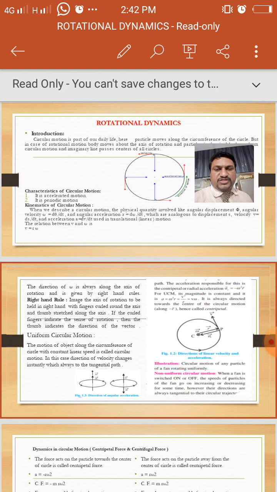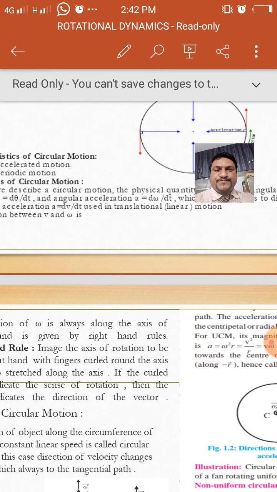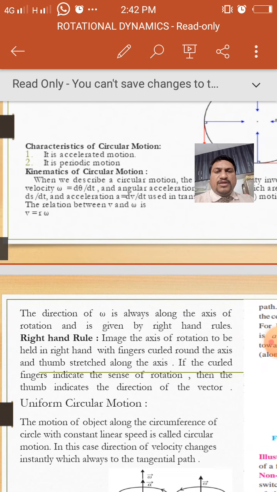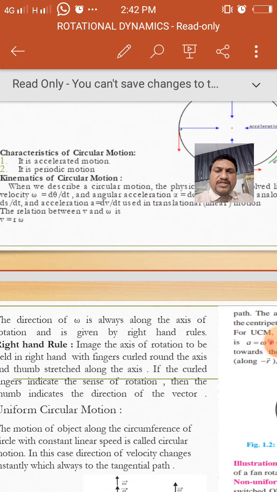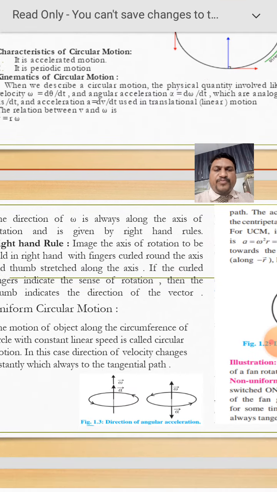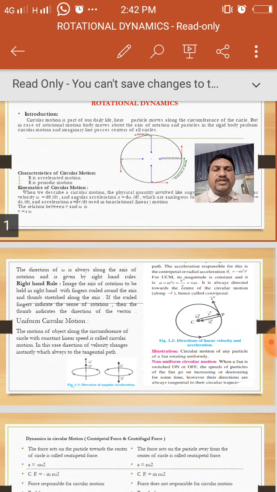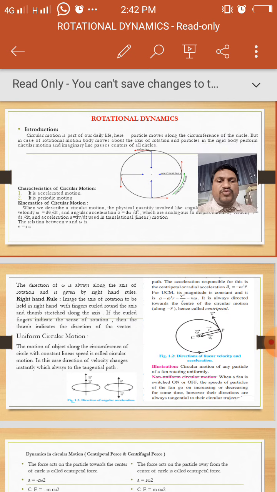Now the next topic is kinematics in circular motion. In kinematics in circular motion, for that purpose we consider simultaneously two motions: one is linear motion and the second is circular motion.